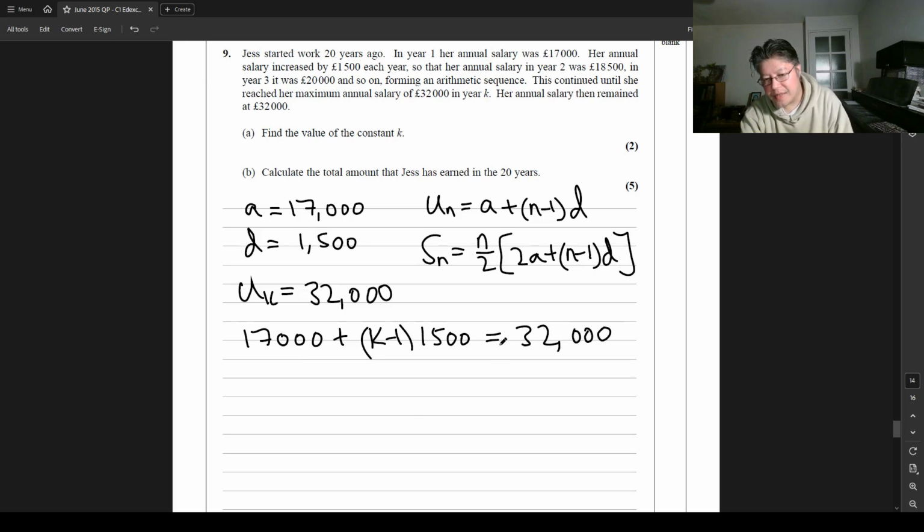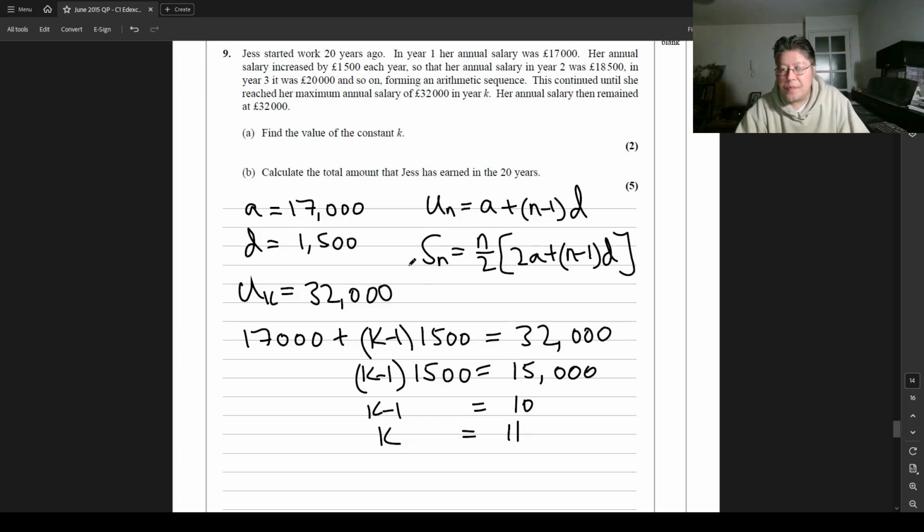So let's minus the 17,000 over first. So that's 32 minus 17 is 15,000, and now we can divide by 1,500, so that equals 10, and then we can add 1 over, so K is 11.